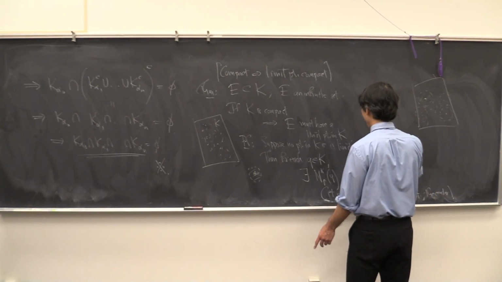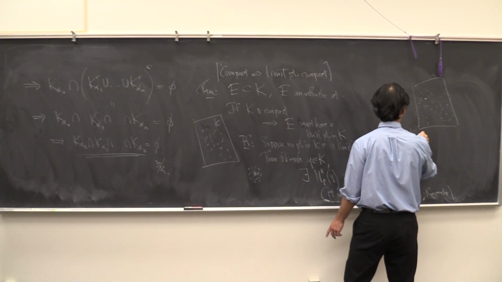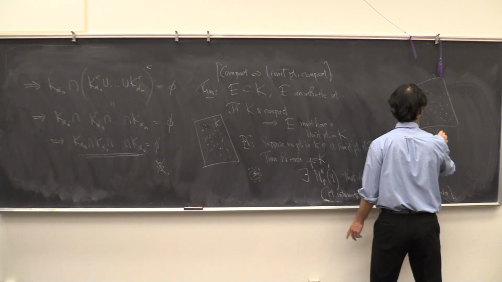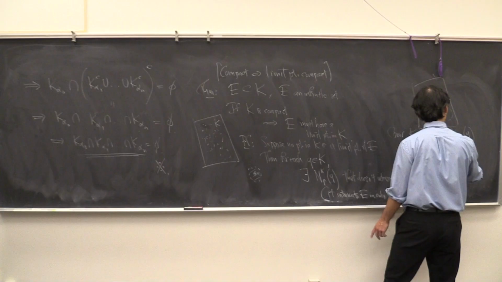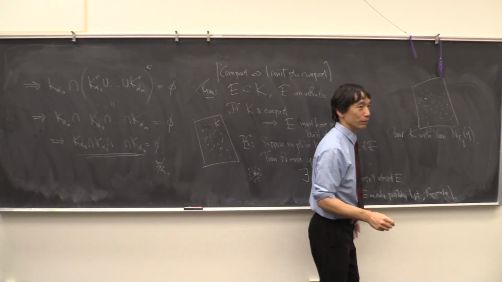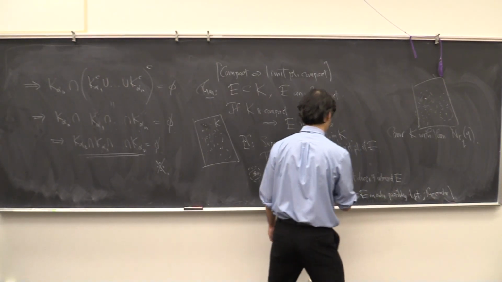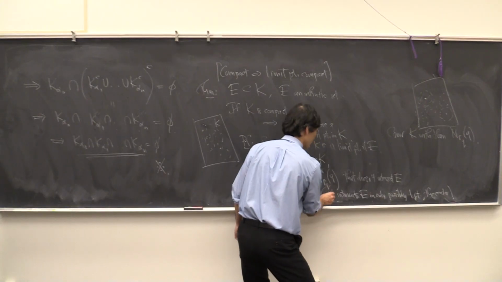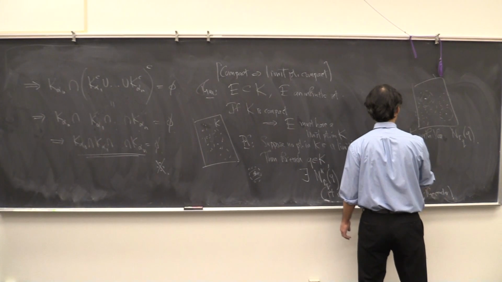Okay. So you say, look, cover K with the N_r(q), and to be proper, I should probably say N_{r_q}(q), because the radius depends on q. Cover this with these guys.